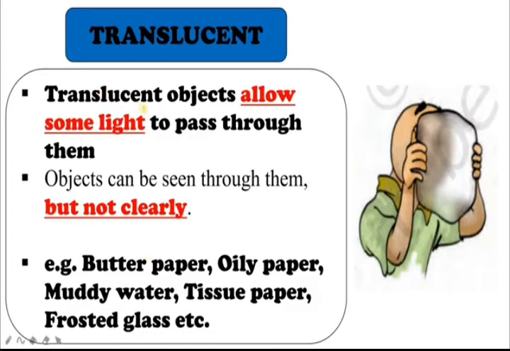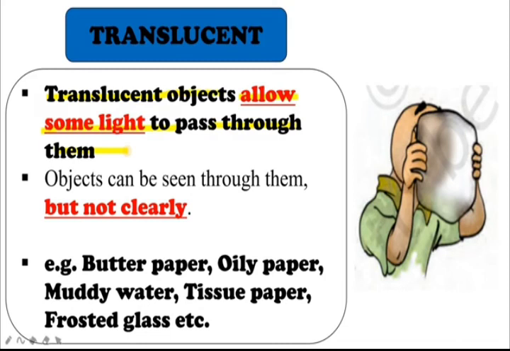And the second classification, that is translucent objects. The second type of object is translucent. So translucent objects allow some light to pass through them. They do not allow the full light to pass through the medium. The objects can be seen through them but not clearly. We can see the objects when you look from one side, but it is not clear.